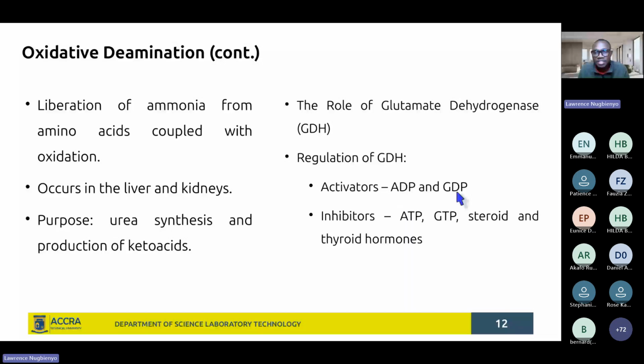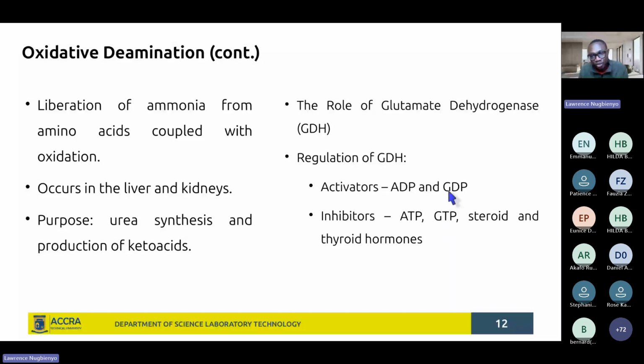Because what it means is that, you see, the cellular energy is in the form of ATP, the triphosphates, adenosine triphosphate and guanosine triphosphate. And the more these are used already in phosphorylation reactions, then what will be left will be the diphosphates.